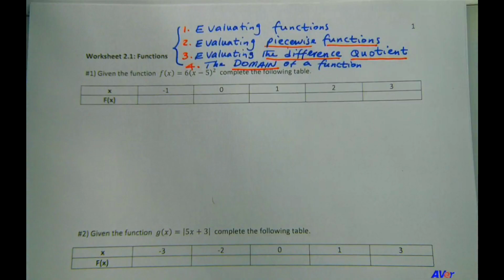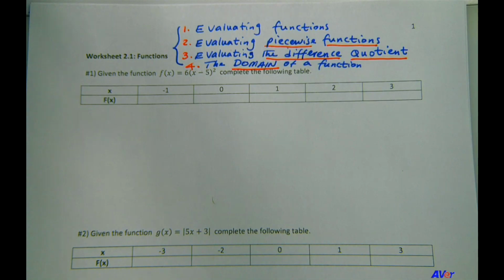Okay, so evaluating the function. The basic function is comprised of an independent variable, which we can choose, and then the output variable, which will depend on the quantity we choose for the independent variable.